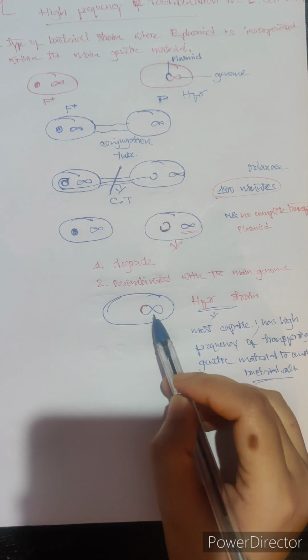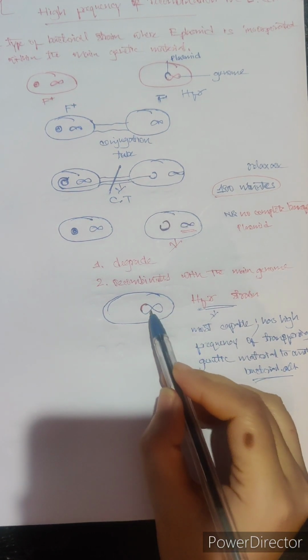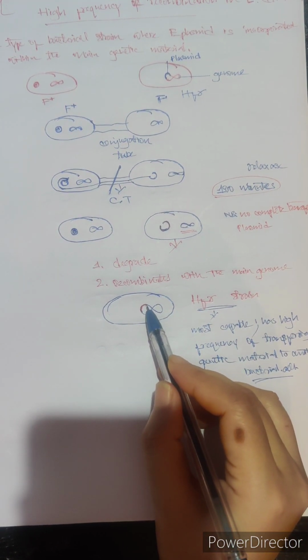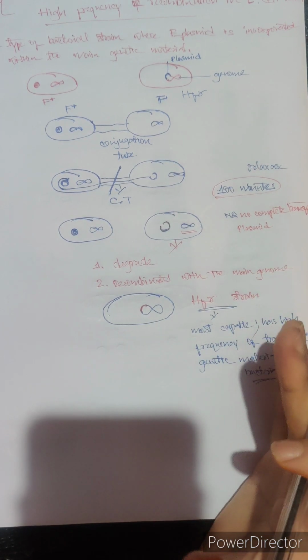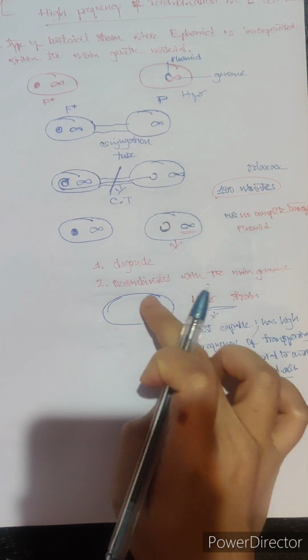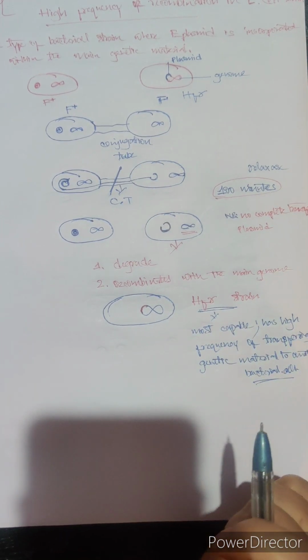As you can see here, in the main genome there is also the integration of your plasmid. So we can say this whole genome is quite unstable.